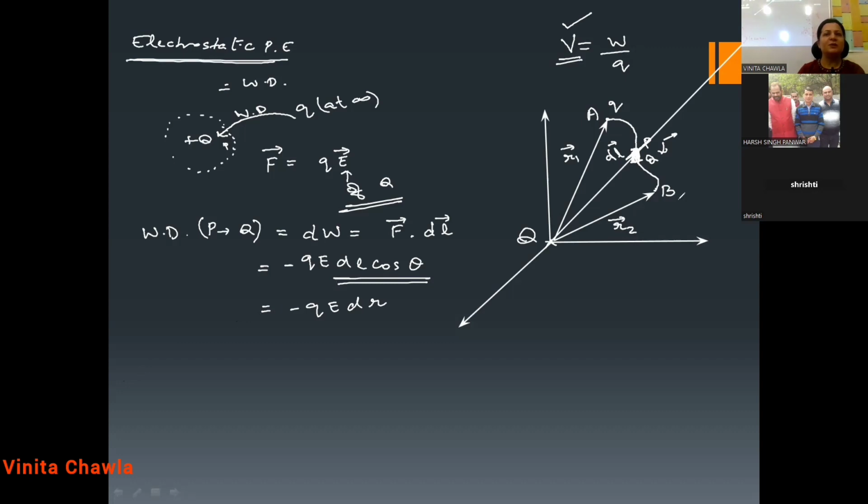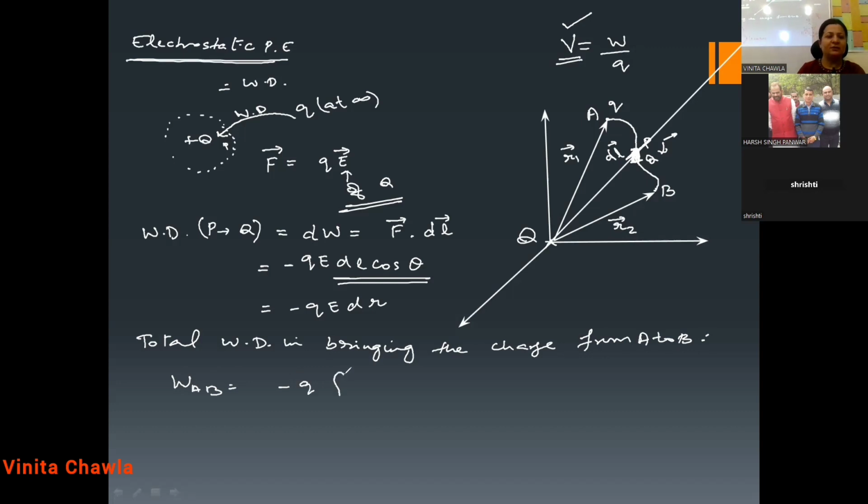So small displacement, small work done, and if you want to find the total work done, the net work done, then yes, बिल्कुल integrate कर देंगे. Total work done in bringing the charge from A to B is WAB, and we'll integrate this.